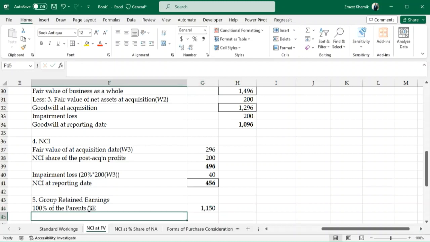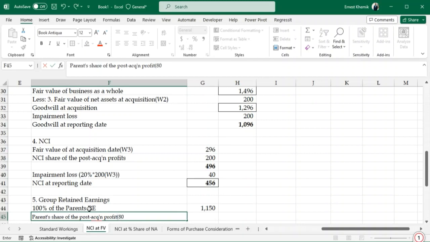It is 1150, and then we will have the parent's share of the post-acquisition profits, and that is going to be the 80% multiplied by the reserve, which is 1 million.